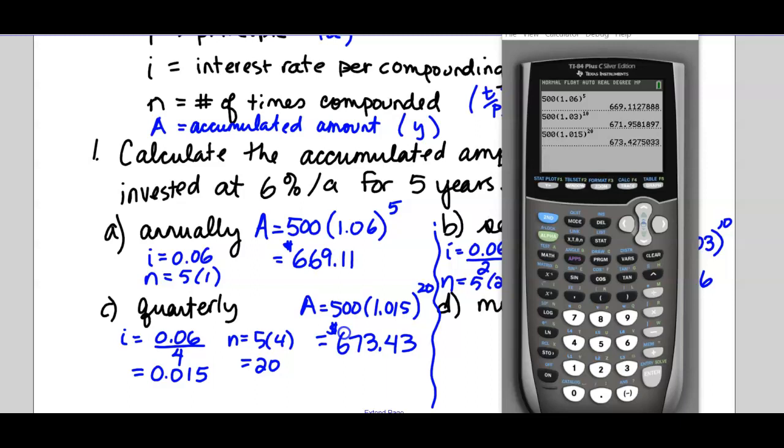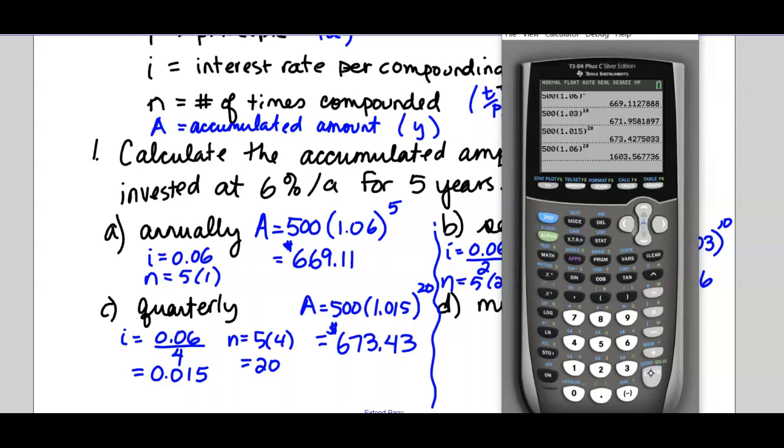Okay, so one thing that sometimes students do is they remember to do the N, for example, but forget to do the 1 plus the interest rate per compounding period. Let's look at the difference. If I forgot and I just put 1.06 and then raise it to the exponent 20, whew, that's a lot of money just made for 5 years.